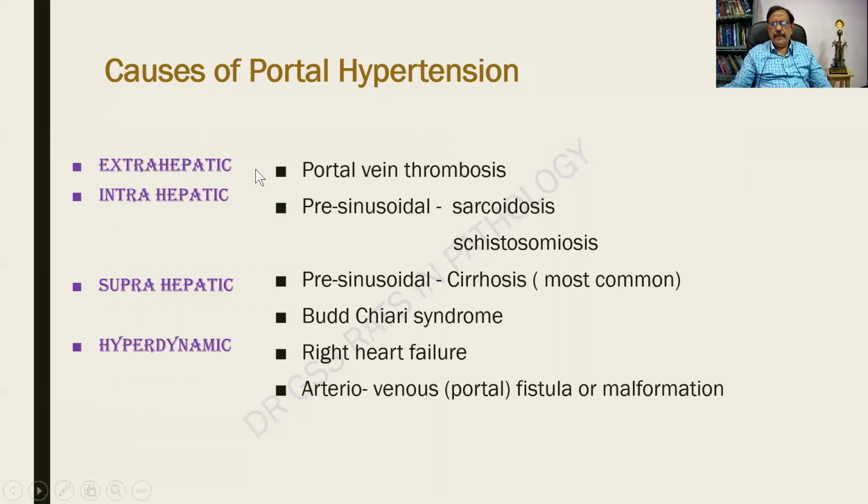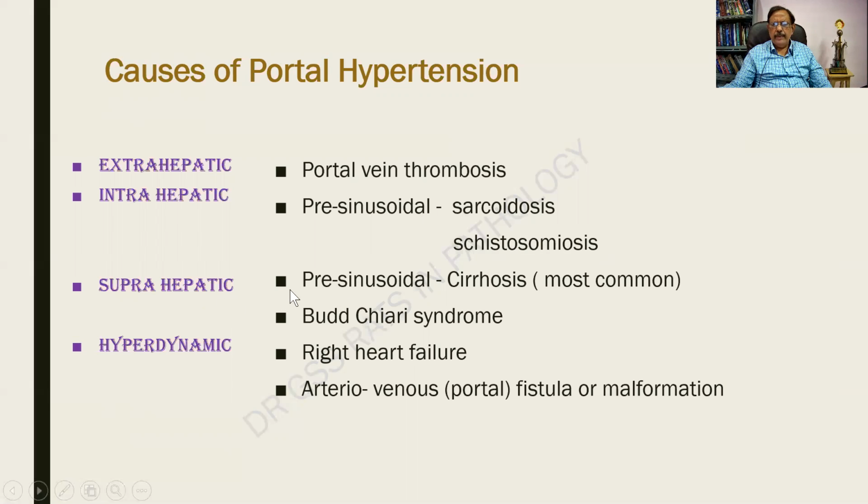Causes for the portal hypertension, they are mentioned here. They can be extrahepatic, which is a portal vein thrombosis. Intrahepatic, which can be pre-sinusoidal, sarcoidosis, schistosomiasis, a parasite which can lead to an obstruction and then there can be an increased pressure.